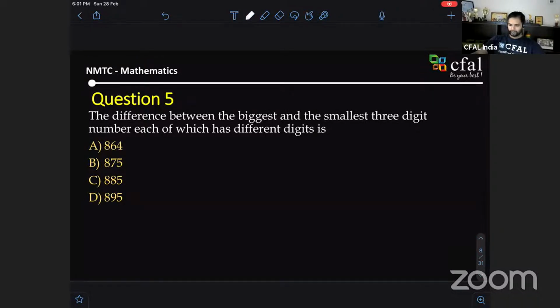The question is the difference between the biggest and the smallest 3-digit number. Just you have to find those numbers, right? After that, you will get your answer.